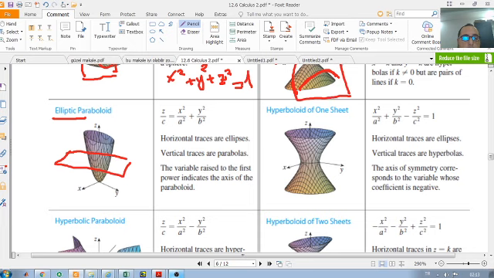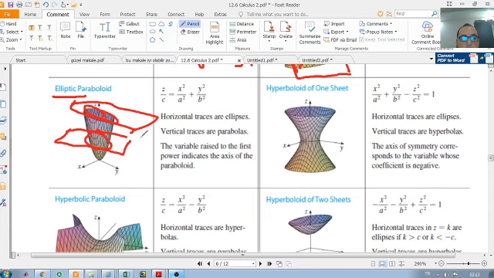If you intersect this one with a horizontal plane, you will obtain an ellipse, like this one. For example, we will have an ellipse for the intersection of the horizontal plane and the graph of the elliptic paraboloid. And vertical traces are parabolas.